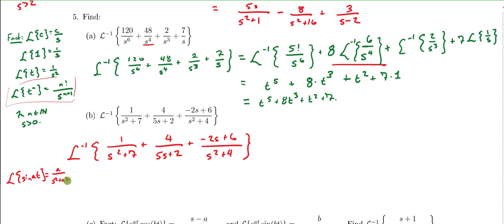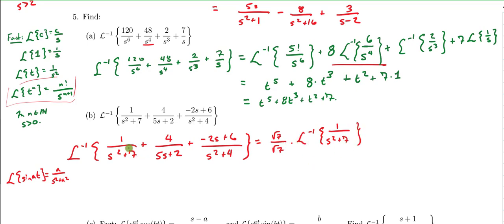So it seems to me that a would be the square root of 7. But I don't have the square root of 7 up here, so it's not a perfect transform. So what I'm going to do is go ahead and rewrite this as 1 over, well, let me do this in 2 steps. I'll write it first as the square root of 7 over the square root of 7 times the Laplace transform of 1 over s squared plus 7.